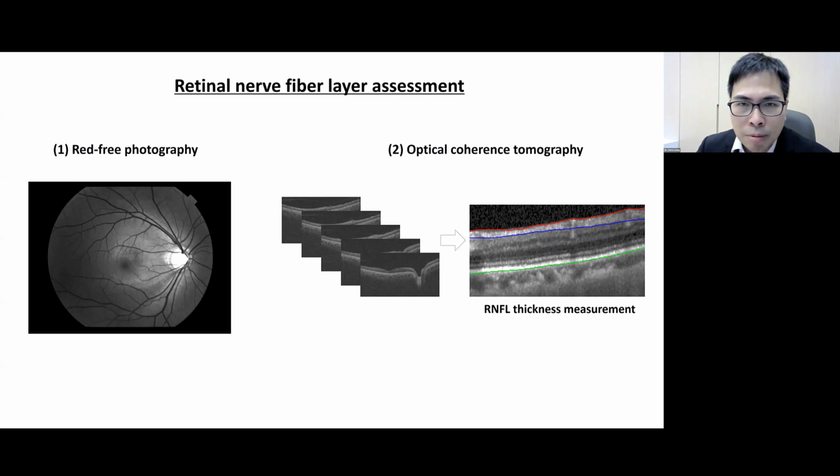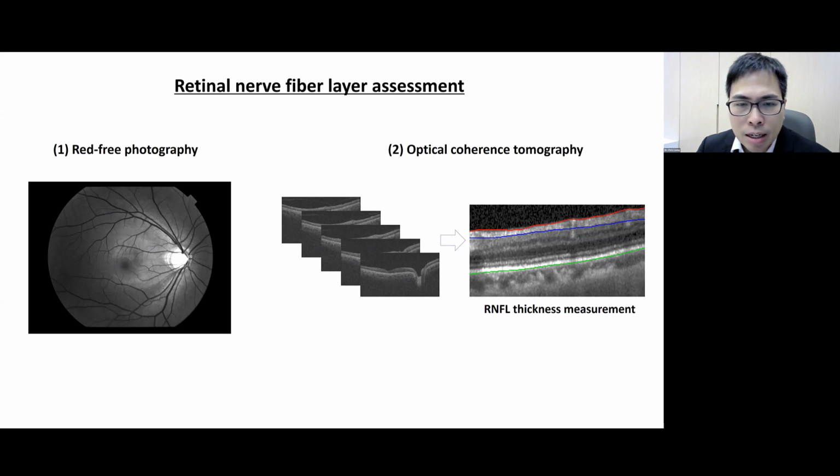Now, retinal nerve fiber layer assessment is important because the retinal nerve fiber layer is composed of the axons of retinal ganglion cells. Glaucoma, as I said, is a disease about progressive degeneration of the optic nerve. So what is the optic nerve?